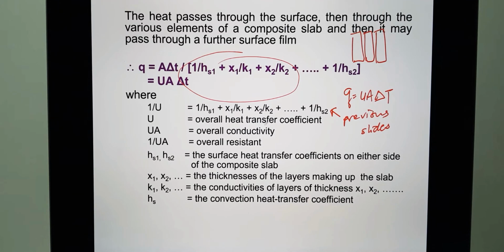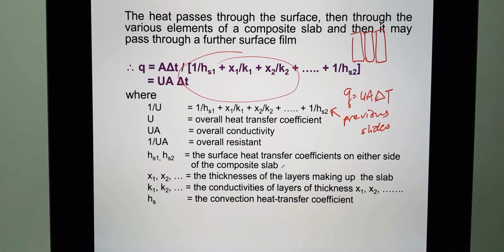UA is the overall conductivity. When we talk about UA alone, this one is overall conductivity. If 1 over UA, this one is the overall resistance of the material. HS1, HS2 is the surface heat transfer coefficient for each side of the composite slab.